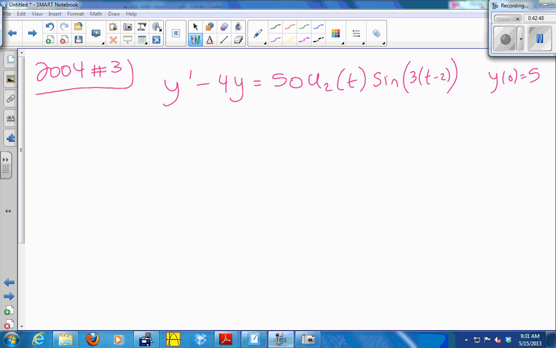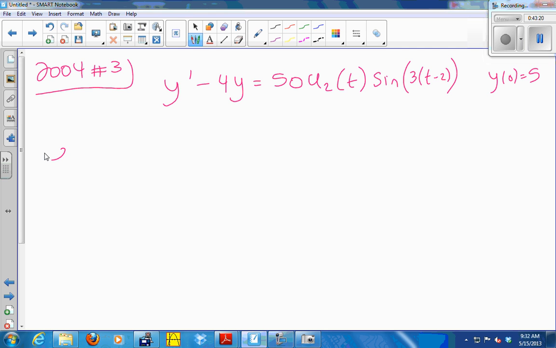All right. Y prime minus 4y equals 50 times u2 of t times the sine of 3 times t minus 2. Y of 0 equals 5, and we're supposed to solve this initial value problem. So the existence of the u sub 2, the Heaviside function, means that you're going to have to use a Laplace transform, because we don't have any other methods that can solve a discontinuous forcing function.